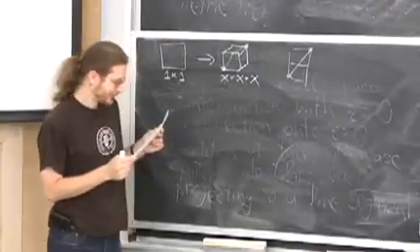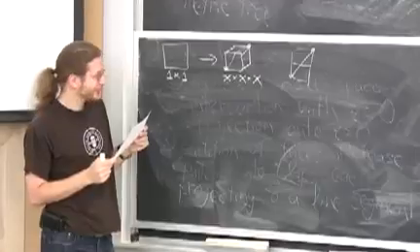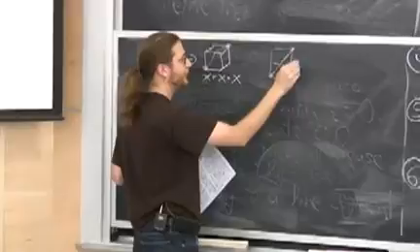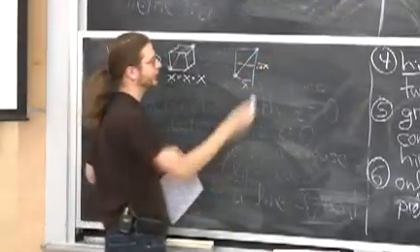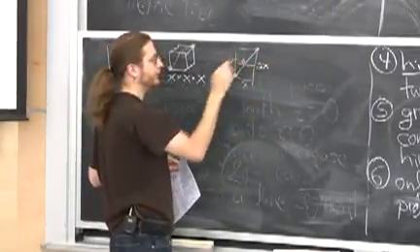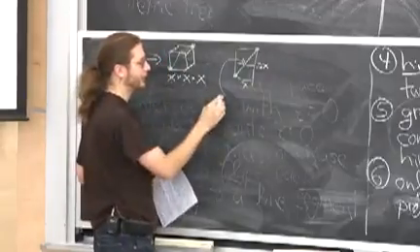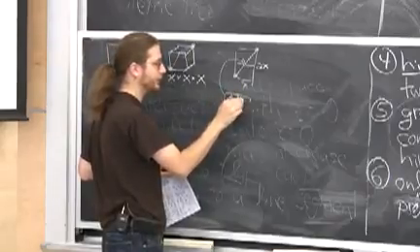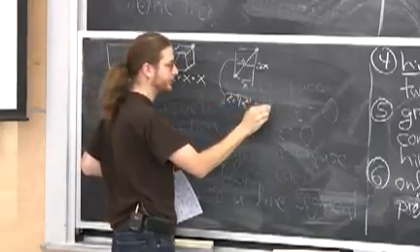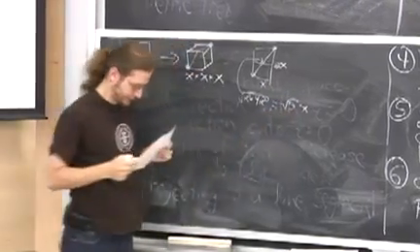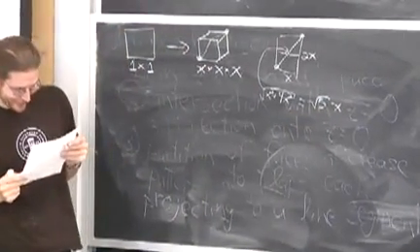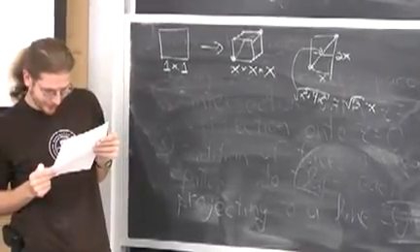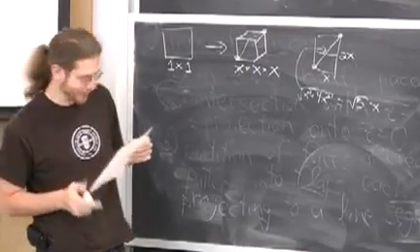Root 5. That's not what I wanted. So we have x here, 2x here. So this distance is, yeah, I see. Why is that different from what I have written down? Because that was not the diameter of the cube. I see.